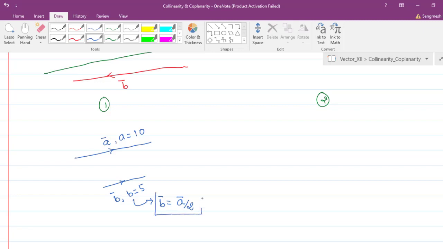You are just changing the magnitude of vector a, you are not changing the direction of vector a, you are just multiplying by a scalar quantity, not i j k. That's why the direction of a bar and b bar remains the same, and they are parallel to each other. Why parallel? Because in the b bar you are taking the same values of i, j, k from the vector a bar.